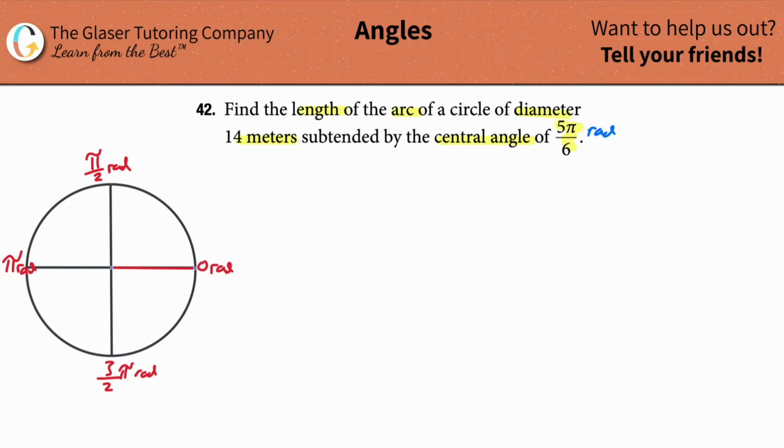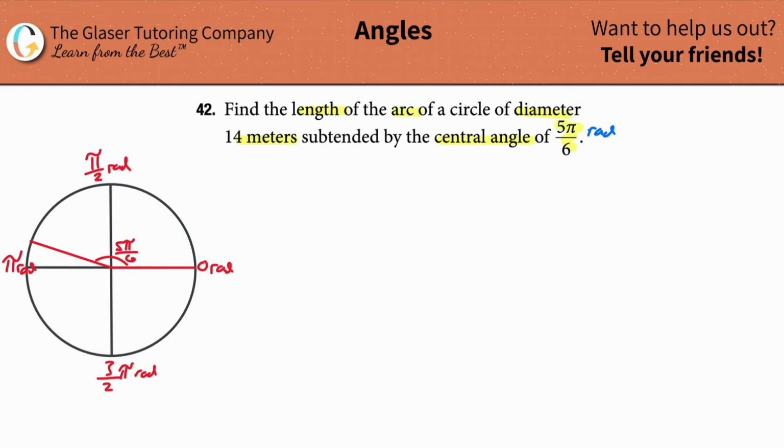What did you rotate it? 5/6 of a pi. So if this represented a full pi all the way over, then maybe 5/6 of it is there. Wouldn't that be fair? So in other words, the angle between these two lines that I just drew is going to be 5 pi over 6 radians.